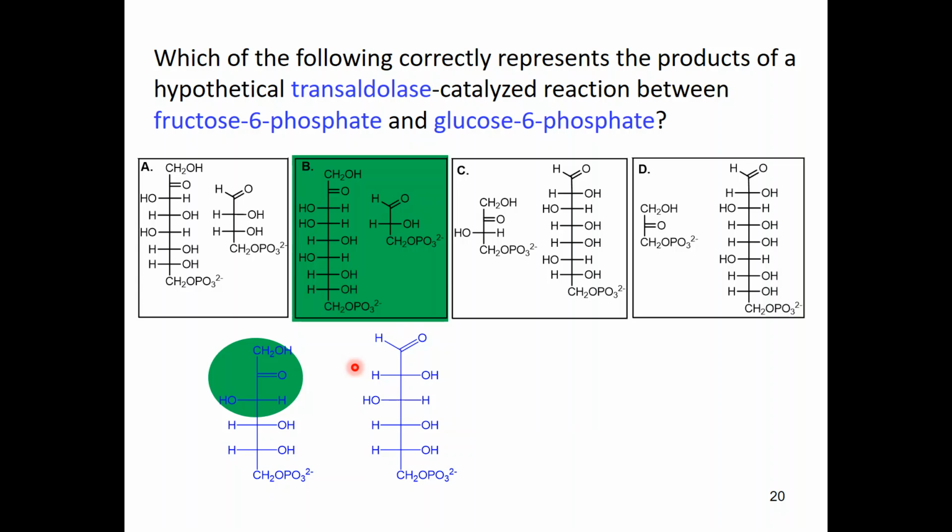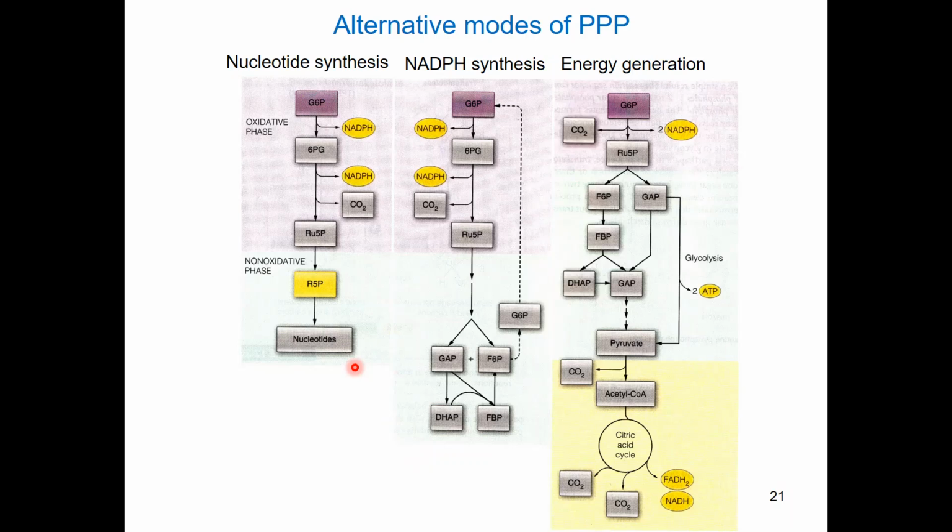I hope you correctly identified the right products. The only thing that I still want to talk about a little bit is the 3 different modes of the pentose phosphate pathway. Those modes operate depending on the need of the cell.